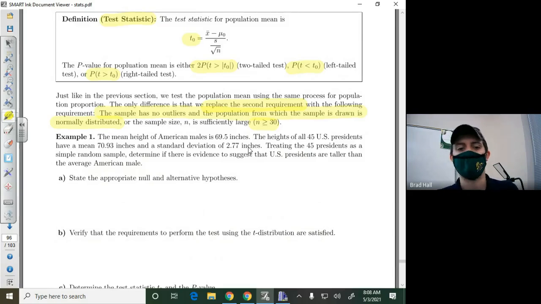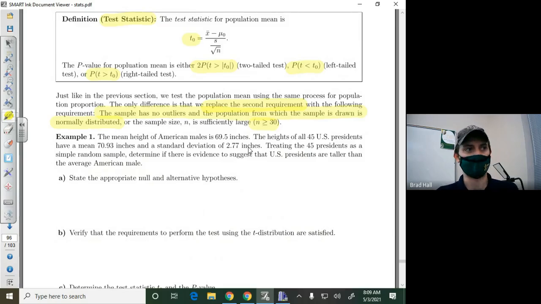And really, we're not going to see any outliers unless we have a given data set. So in example 1, we don't have a given data set. They just tell us everything, so we can assume that there'd be no outliers. But more importantly, we either need a normal distribution, or if we don't know that the population is normally distributed, then we need to get at least 30 samples.